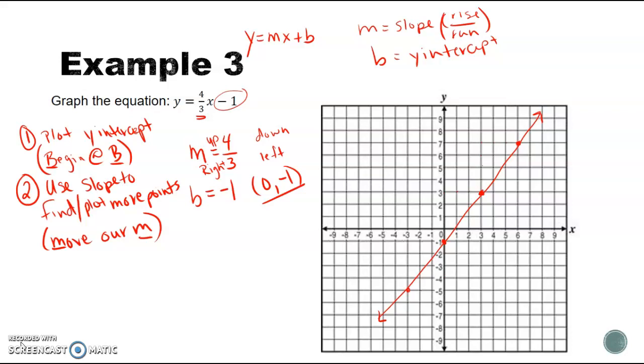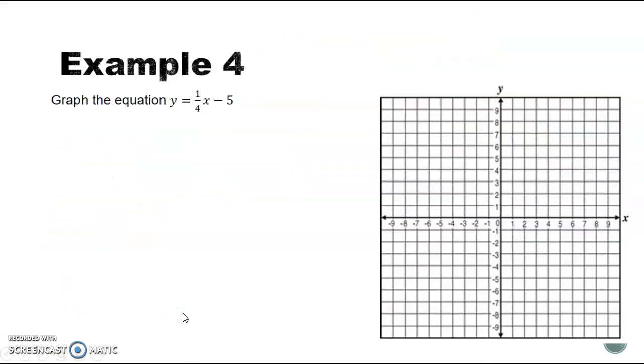All right, so now on to our next example. Now we're going to graph the equation 1/4 x minus 5. Again, I'm going to find my m and my b, remembering that y equals mx plus b. My m is 1/4.